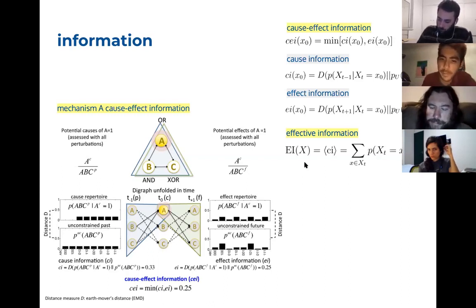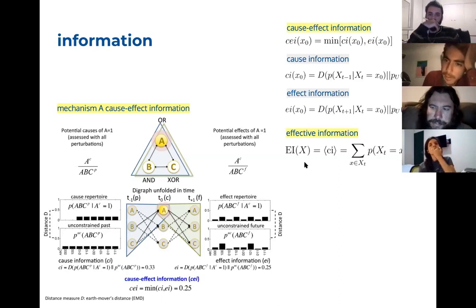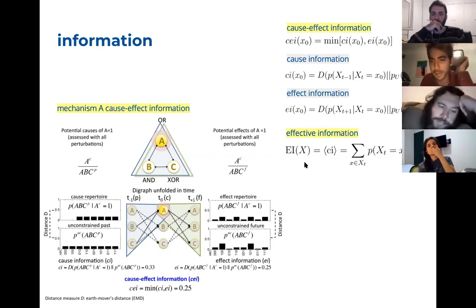Just to clarify, is the unconstrained case always random? Yeah, that's a good question. 1 over n? For cause information, yes. For effect information, no. It's a little bit more tricky because it's about the future states. So what you have to do is put the system in all possible states and observe the future distribution.